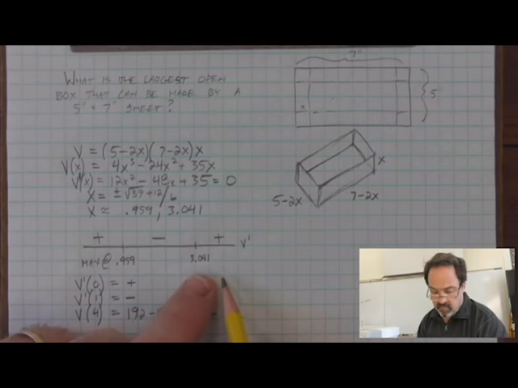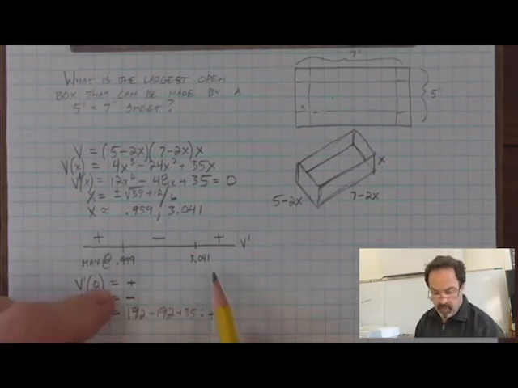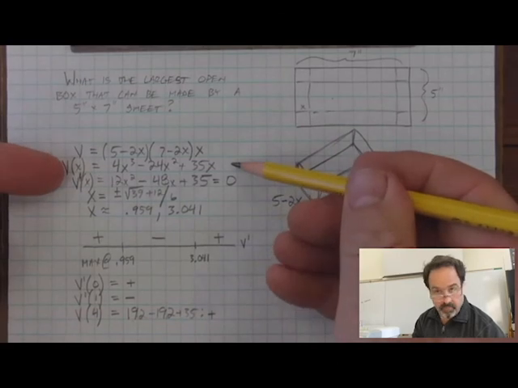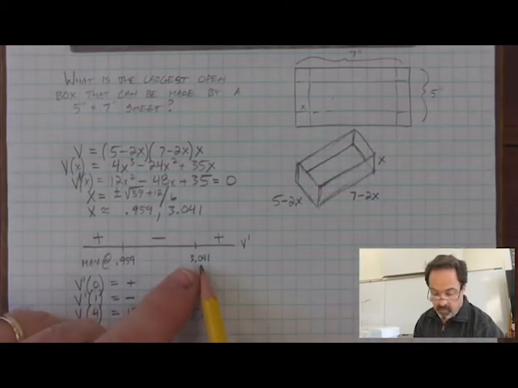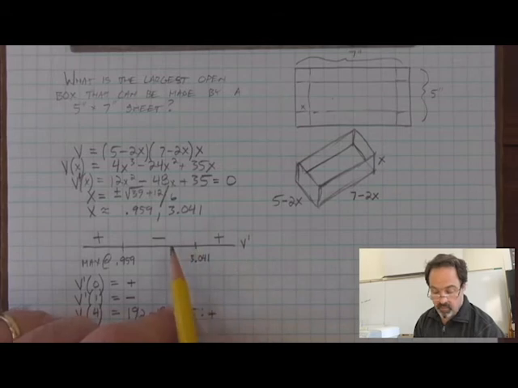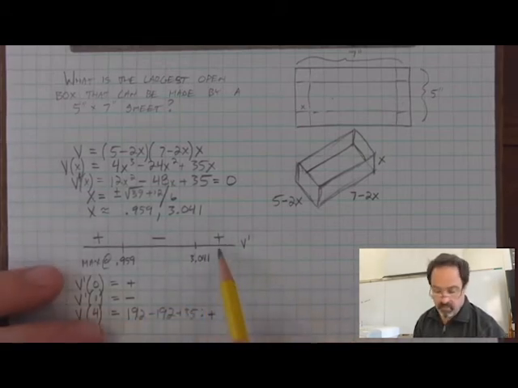But let's make sense of this other critical point in the context of the problem. This is a cubic function, so finding 2 extrema was expected. This critical point is a minimum of the cubic function because the derivative goes from decreasing to 0 and then increasing afterwards. But what is 3.041 as a measure of x?